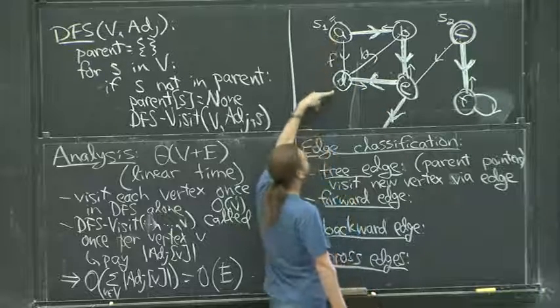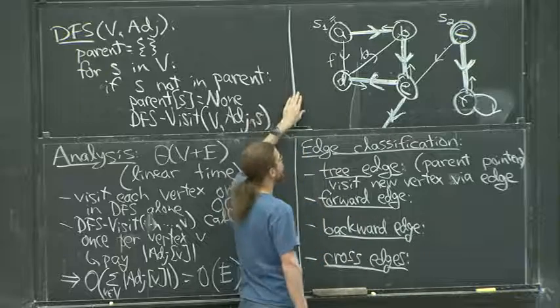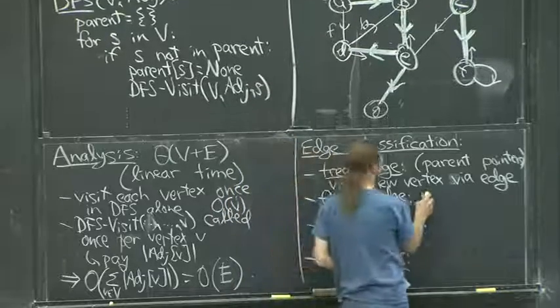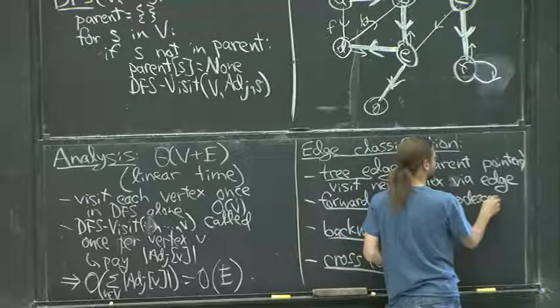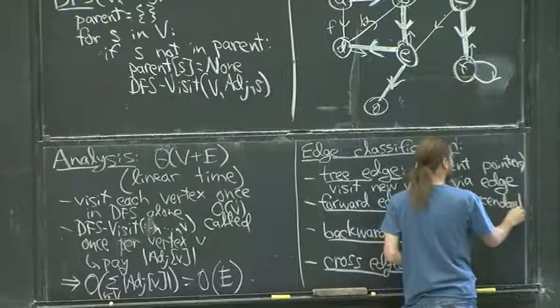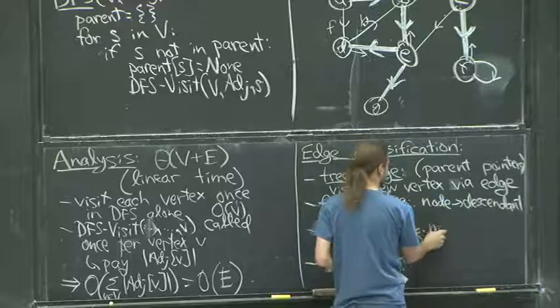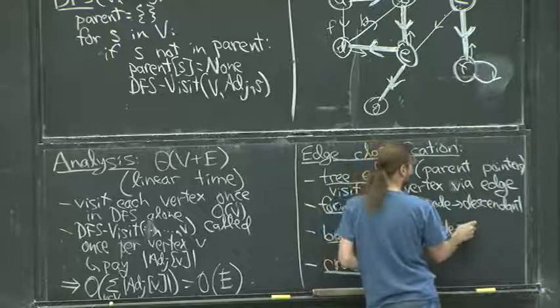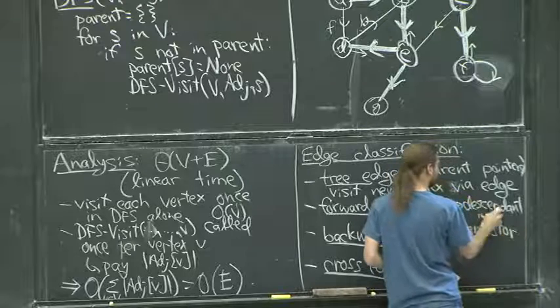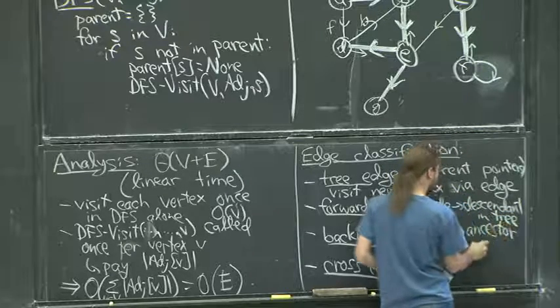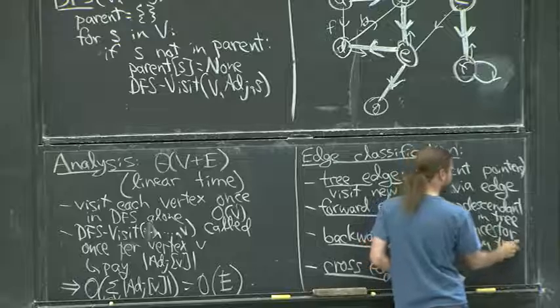The edge went the other way. So forward edge goes from a node to a descendant in the tree. Backward edge goes from a node to an ancestor in the tree. And when I say tree, I mean forest.